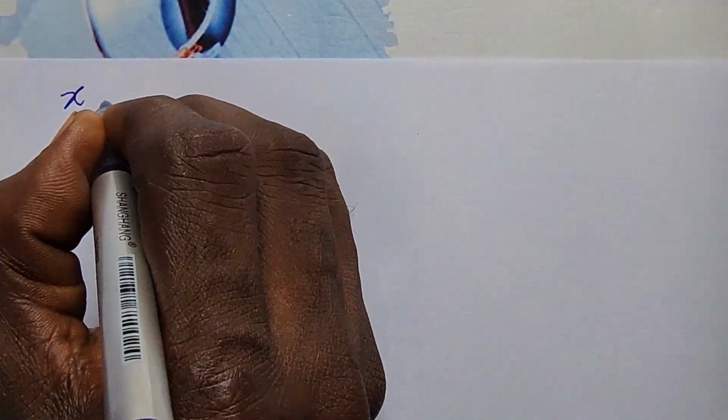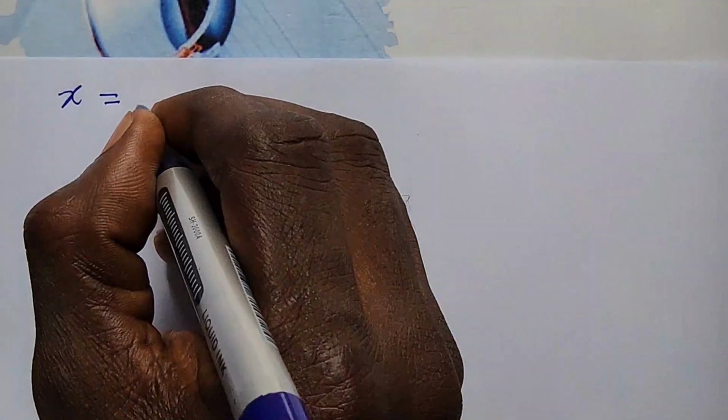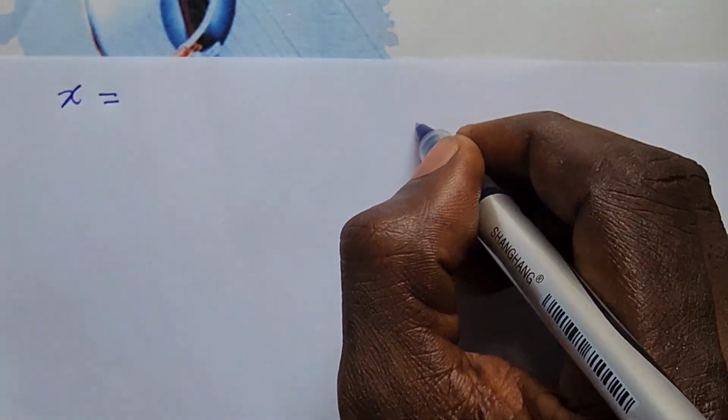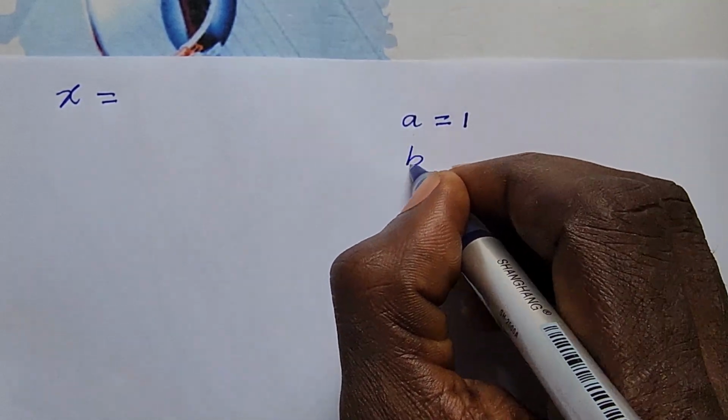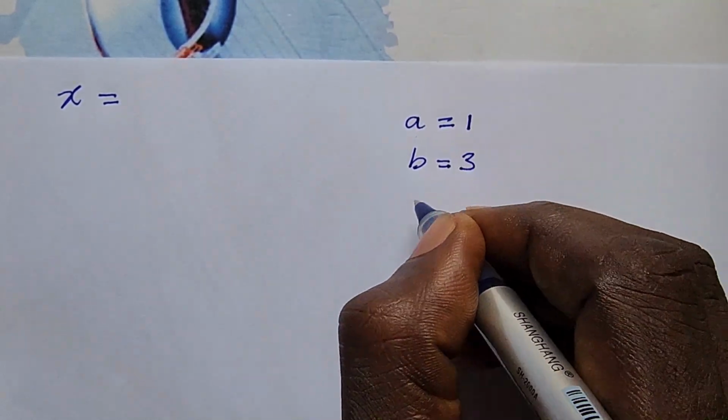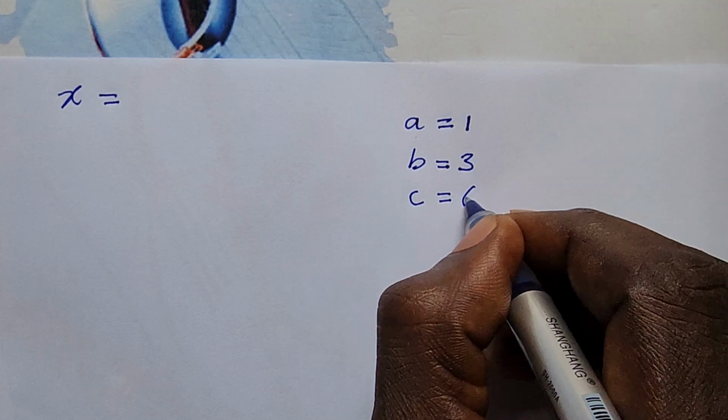All right, so from our formula, we're going to have x is equal to, again, what is our a from this quadratic equation? We know that a will be equal to positive 1, b is equal to positive 3, c is equal to positive 6.